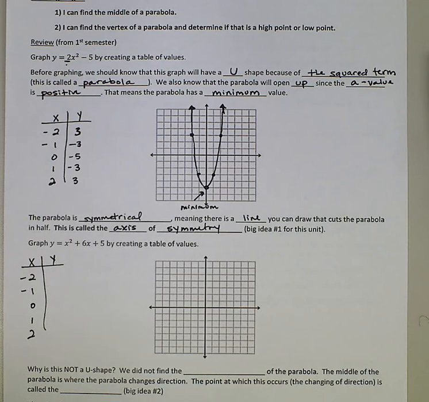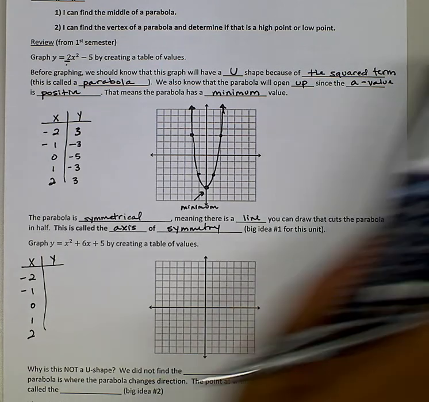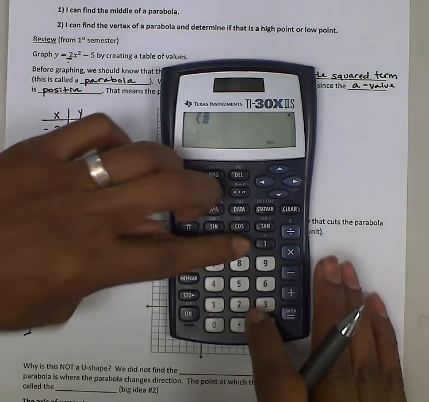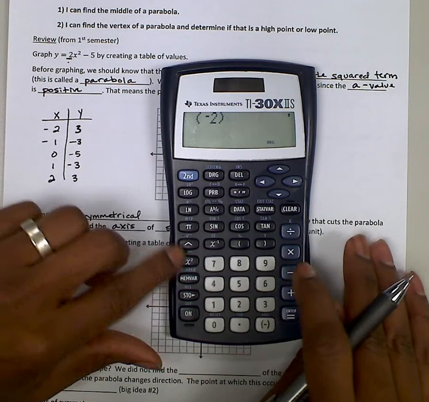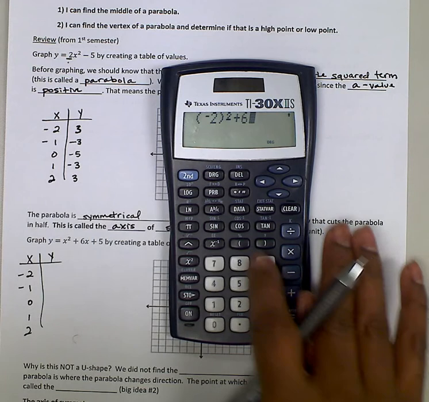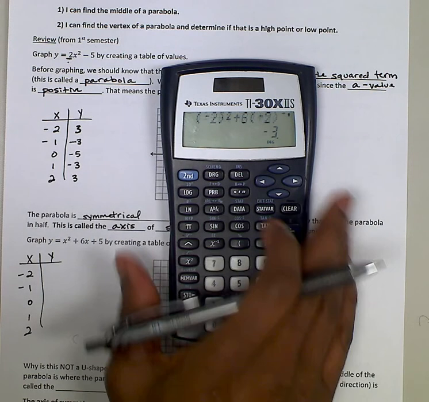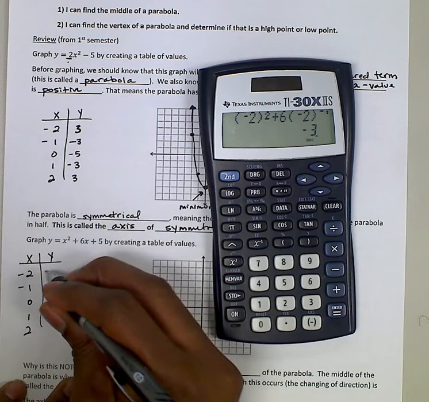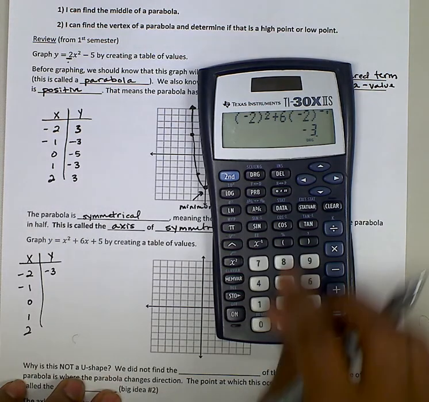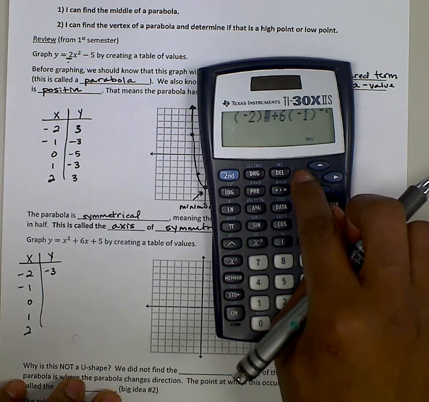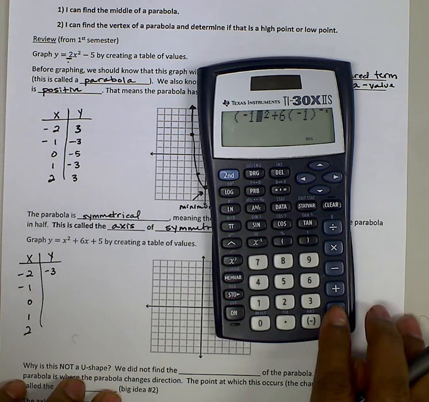When we plug these values in, I'll do the calculator thing: -2 squared plus 6 times -2, plus 5. When x is -2, y is -3. Do the same thing with -1, which gives 0.